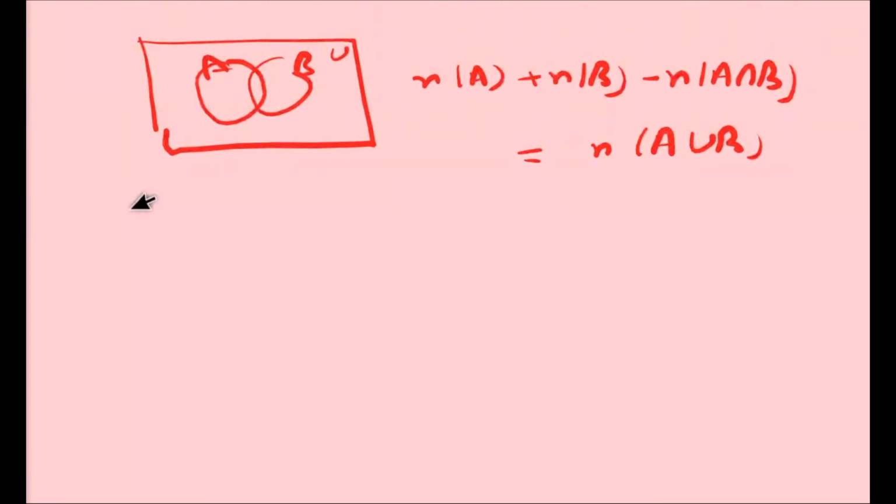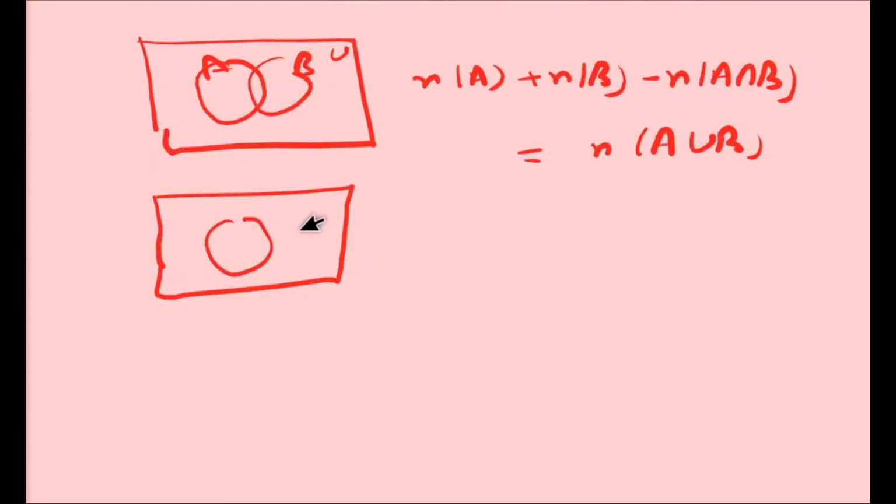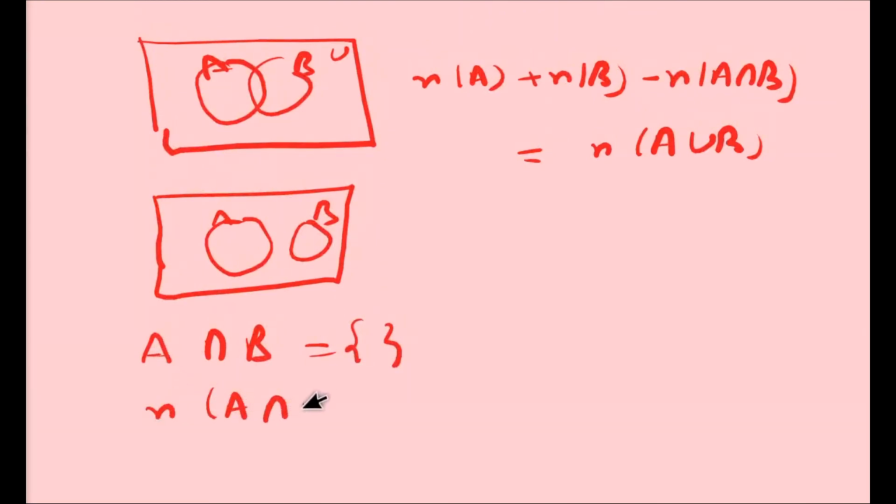Now if set A intersection set B equals phi, then NA intersection B equals 0. These are known as disjoint sets.